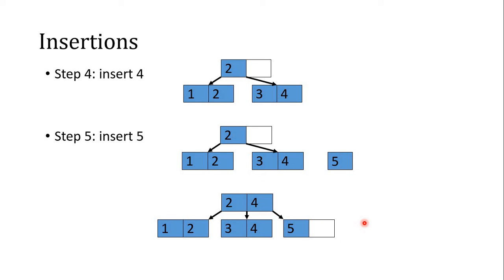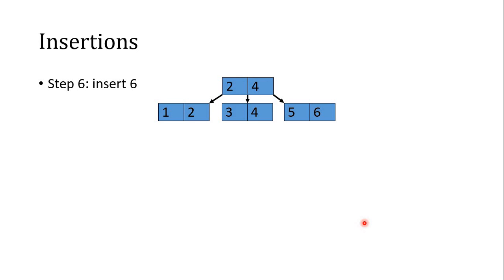Now we want to insert 6. What will happen here? If we want to insert 6, you see that after 5 there is a gap, so 6 is placed here.